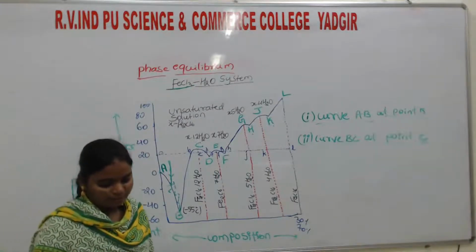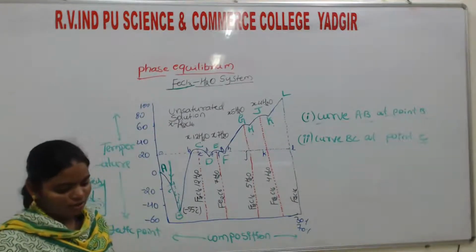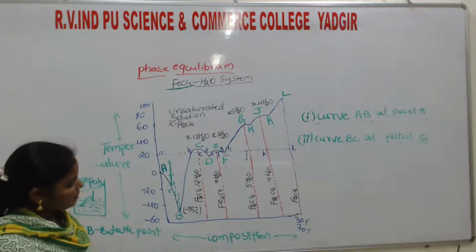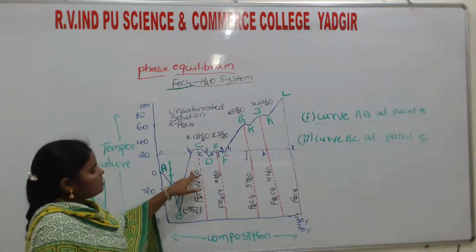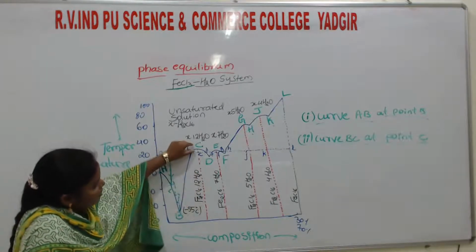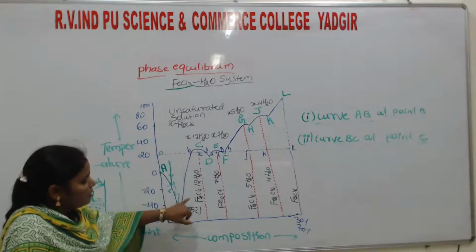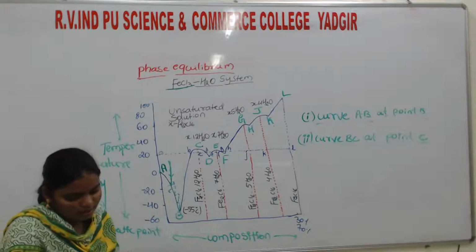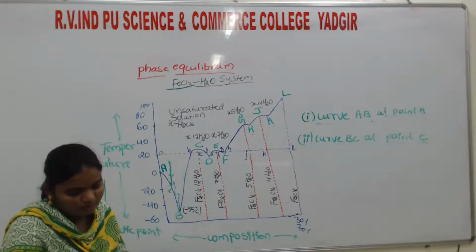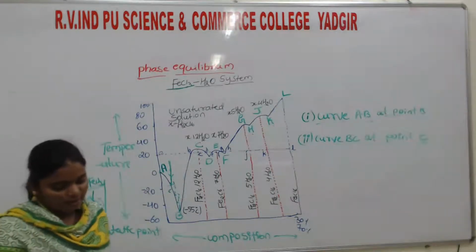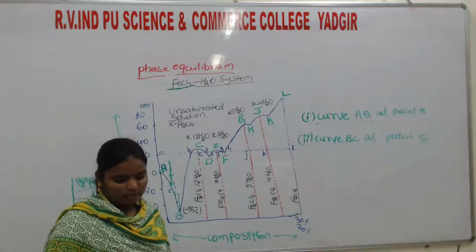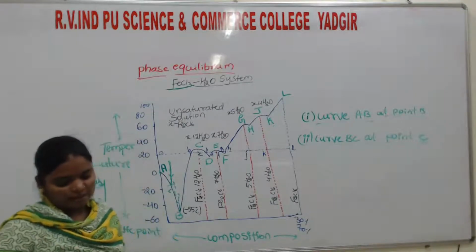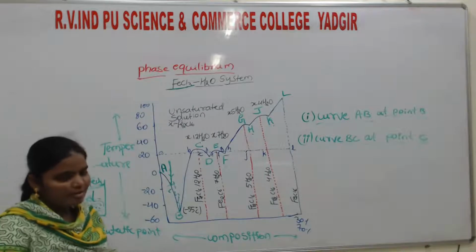Equilibrium, and the solution is saturated, and this is Fe2Cl6 12H2O. In these three phases, one is solid Fe2Cl6 12H2O, another is a solution, and here the vapor phase, and the vapor phase is negligible.